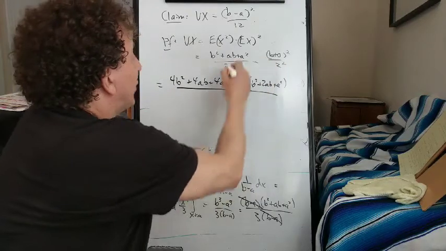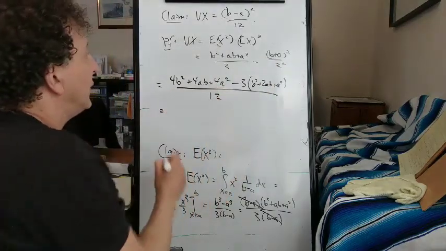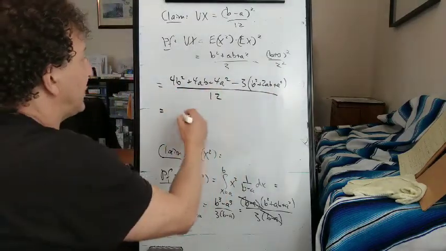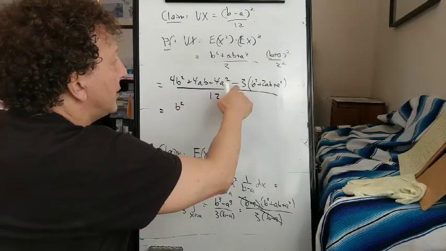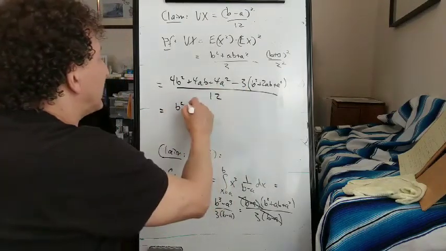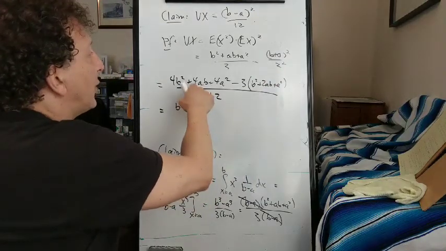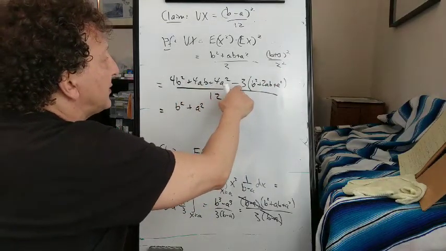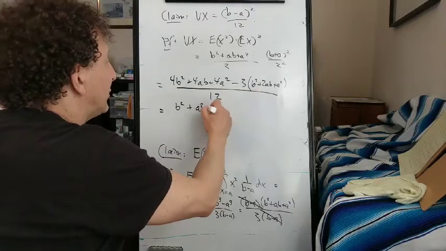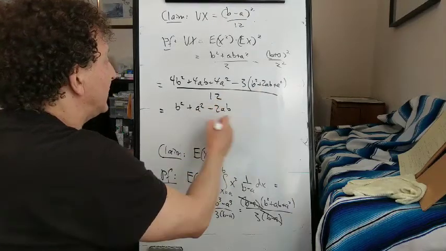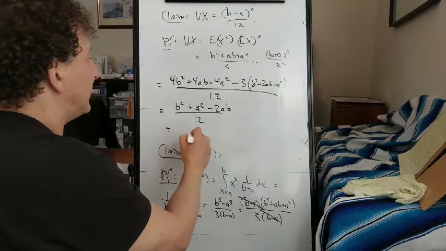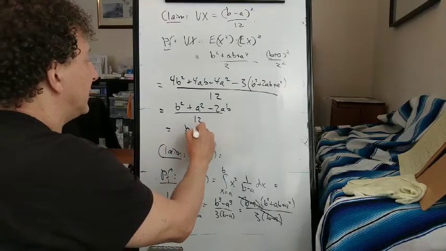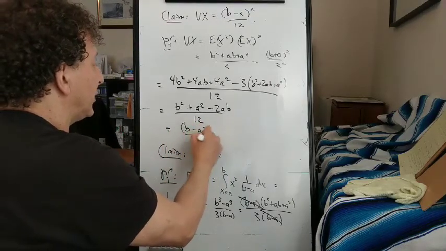All of this over 4 times 3, 12, which is 4b squared minus 3b squared is b squared. 4a squared minus 3a squared is a squared. 4ab minus 6ab is minus 2ab, all over 12, and that is b minus a, the quantity squared, over 12.